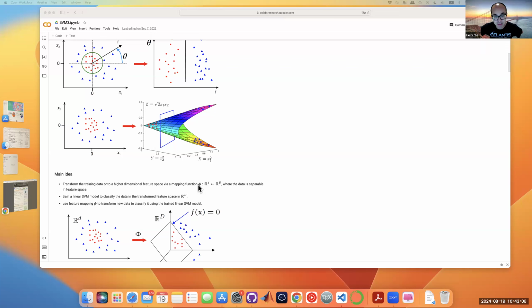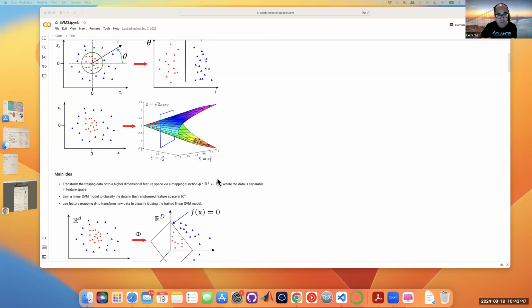In that case, hopefully the data will be separable in the feature space. Then you train a linear SVM to classify the data in the transformed feature space R^D. Then you use the feature mapping phi to transform the new data, and classify it using the trained linear SVM model.